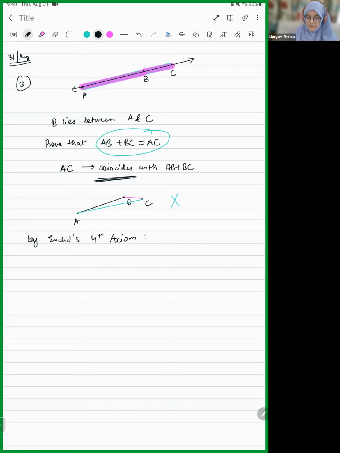And you have to state the axiom, okay? I'm not writing it here, but you have to state the axiom. Things which coincide with each other are equal to each other. So therefore, since this coincides with this, AC is equal to AB plus BC.